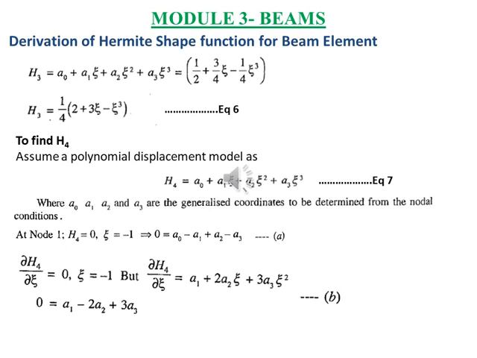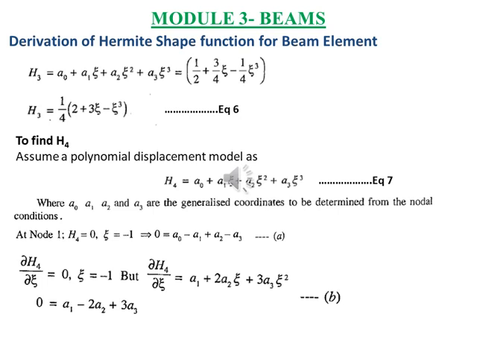So the function H3 can be written as A0 plus A1 zeta plus A2 zeta square plus A3 zeta cube, that is equal to half plus 3 by 4 zeta minus 1 by 4 zeta cube. So this will be equation 6. So here I will be taking 1 by 4 common, and inside I will be keeping 2 plus 3 zeta minus zeta cube.